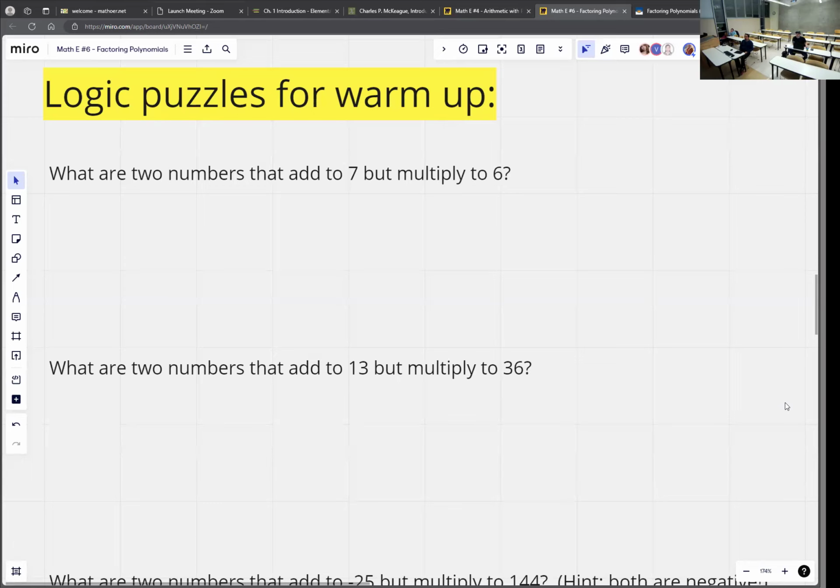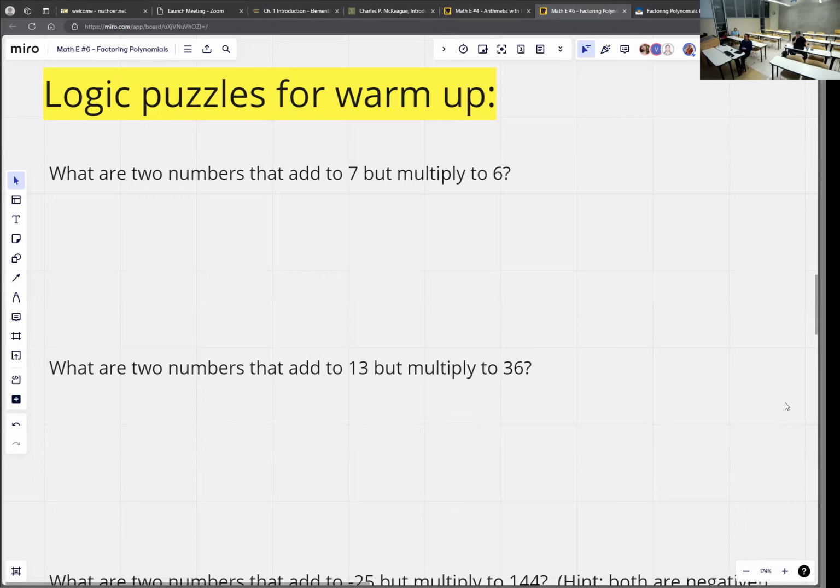Call it out loud or type it in chat. I'm not confident in this, but 3 and 4. 3 and 4 do add to 7. When I multiply 3 and 4, though, I get 12, not 6. But thank you for being brave and sharing.